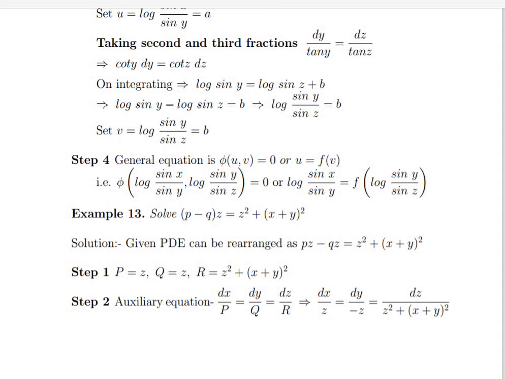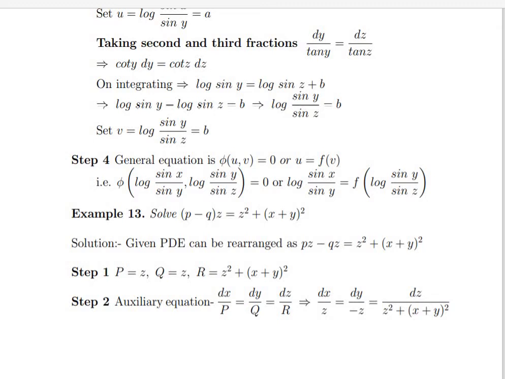So we will get pz minus qz equal to z square plus (x plus y) the whole square. Now it is in that pattern, and from there we identified here capital P is z, capital Q is minus z, and capital R is z square plus (x plus y) the whole square.